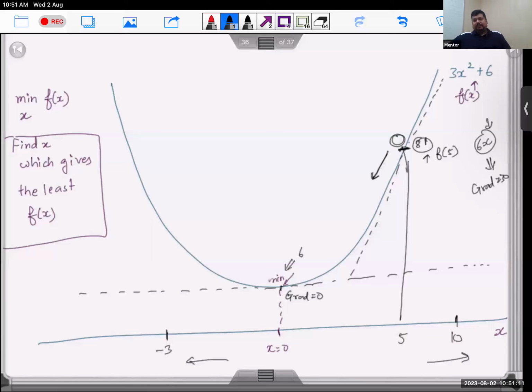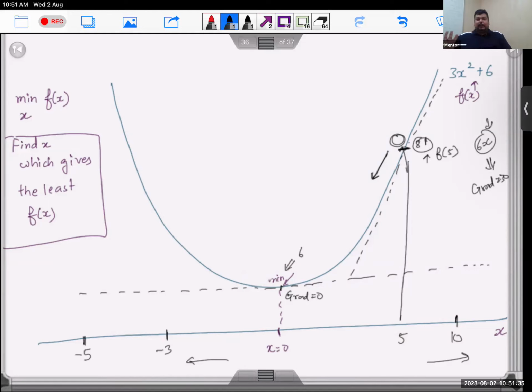What is the gradient right now? -18. If you're at -5, what is the gradient? -30. Is it more or less? It's less. So if you're on the negative side, your gradient is decreasing. If you're on the positive side, your gradient is increasing.